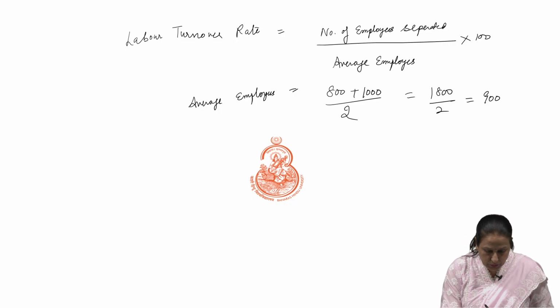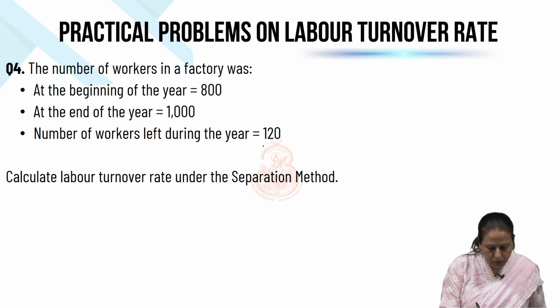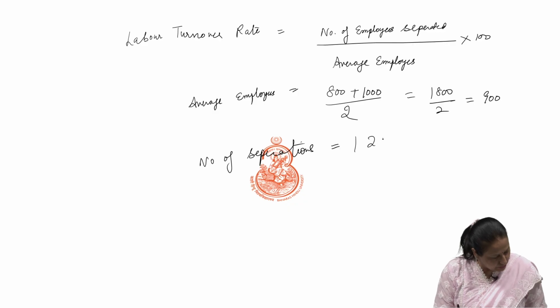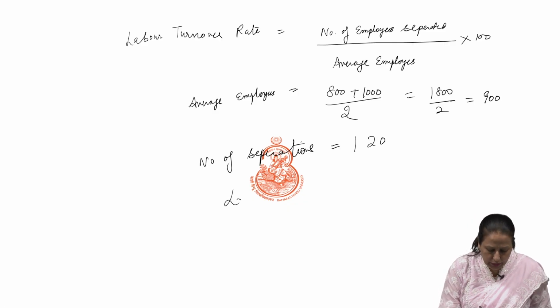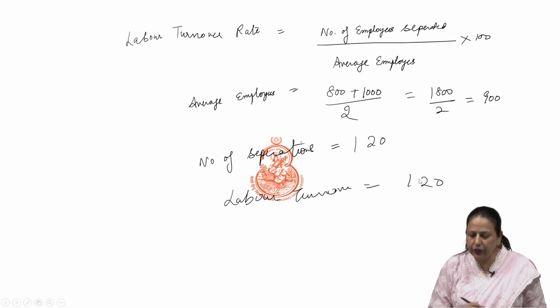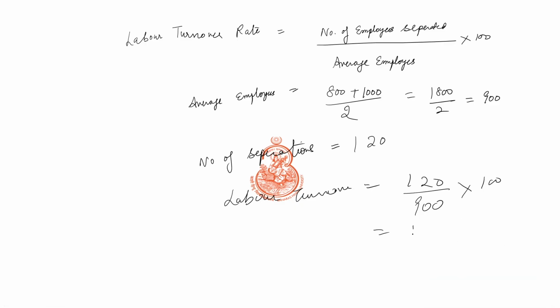Now, the number of separations as per the question is the workers who left the organization, that is 120. Now, we calculate the labor turnover, which would be the number of separations divided by average employees multiplied by 100, which is 13.33%.